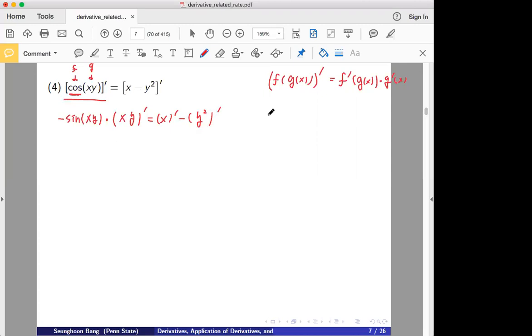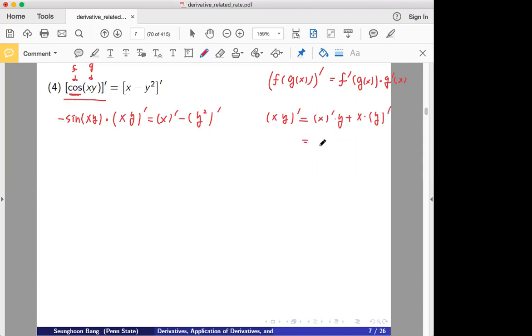So you can calculate xy prime. How can you find xy prime? You can use product rule. First one prime times second one plus first one times second one prime.